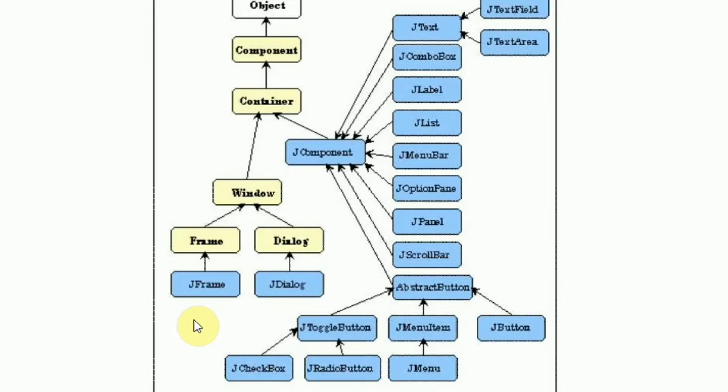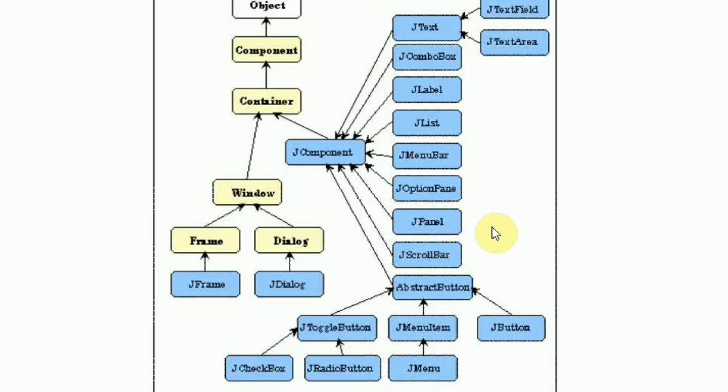The components that we talked about need a container, so you can only place them inside a container, and JFrame is such a container. You have to create a JFrame, and then inside the JFrame you place these components. Then you can see over here JPanel. This JPanel is also another kind of container, which is also called an intermediate container.